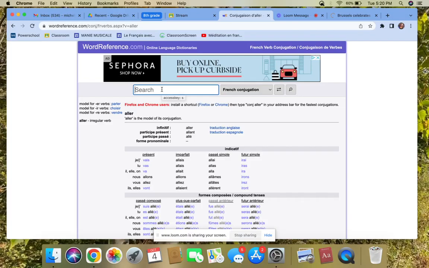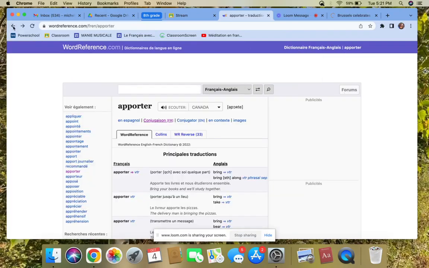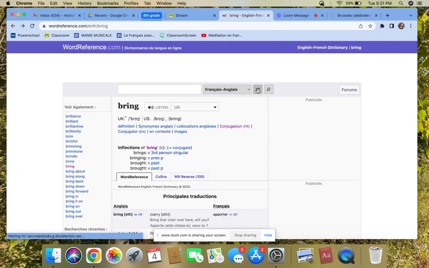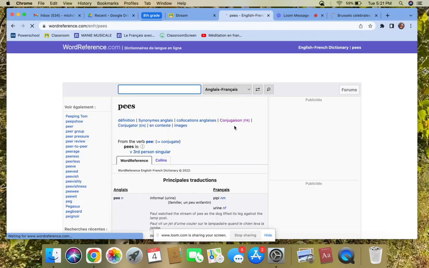One last thing is that if you are spelling something incorrectly in English, that's going to cause a problem. So let's say you're cooking a fancy meal and you need a vegetable side and you're going to make baby peas. If you spell it wrong and you type it this way, pees, that's different.